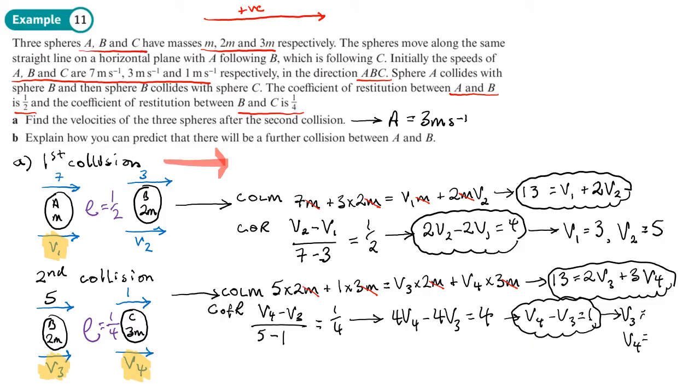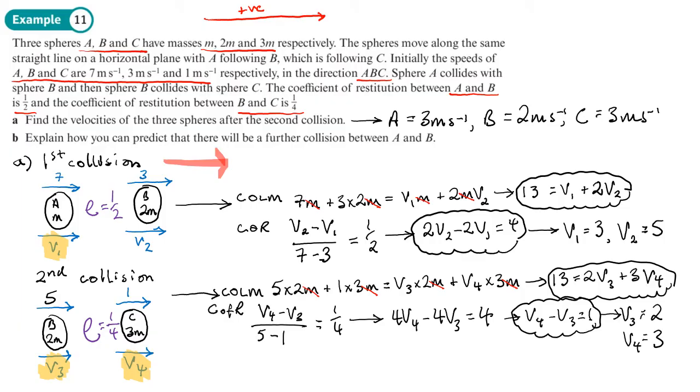I'll use my calculator, and I get v3 as 2 and v4 as 3. So I can write down now the velocity of B after the second collision will be 2 meters per second, and the velocity of C will be 3 meters per second.